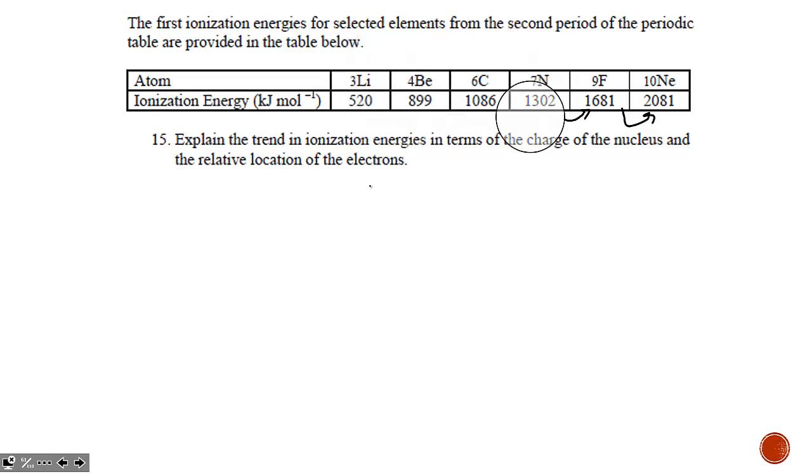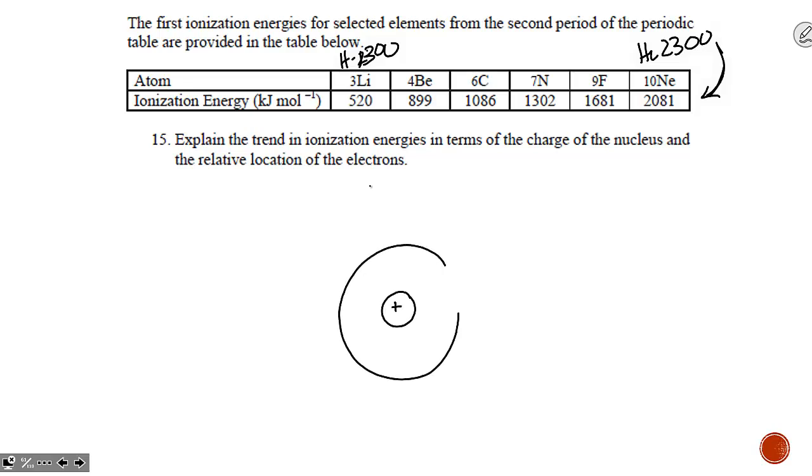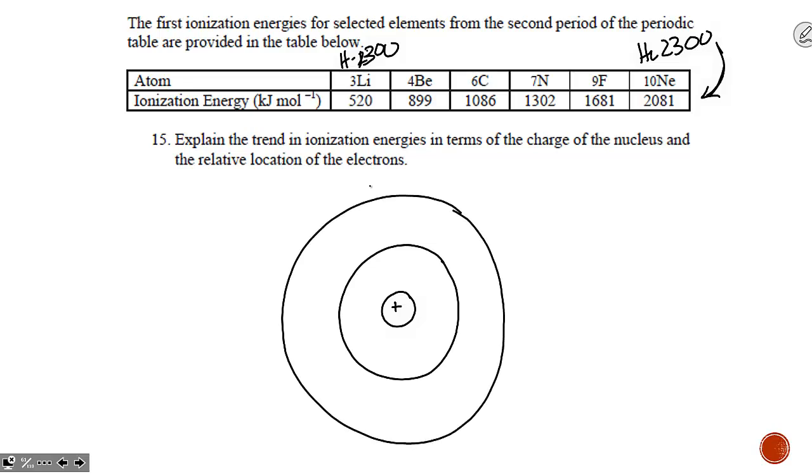Up to a certain point though, because remember that wasn't true for those first couple elements. For hydrogen it was 1300, and for helium it was 2300, but then we made a new shell. So this gives us an idea that atoms have shells or energy levels that can hold different amounts of electrons.